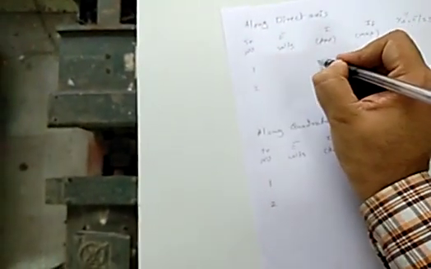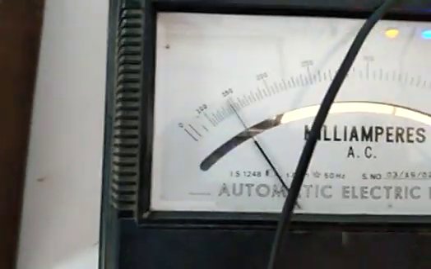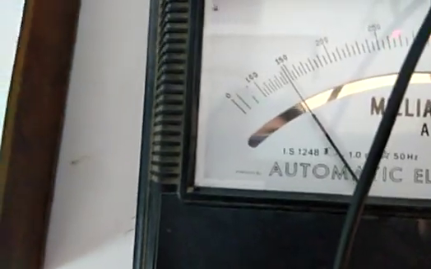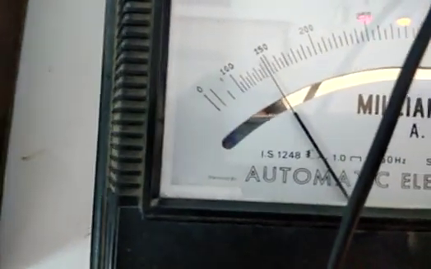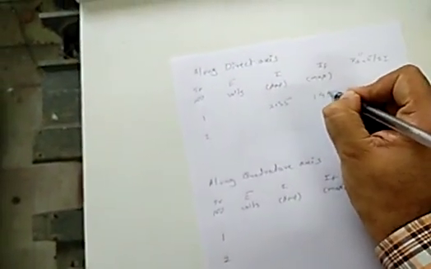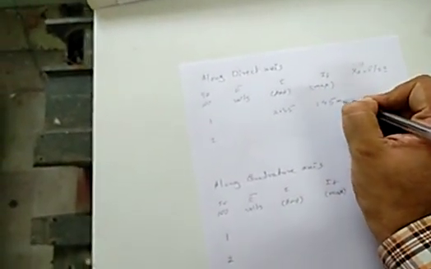Let us note it down. Then if you see the field current, that is 145 milliampere. So the field current is 145 milliampere. This is in milliampere, that you have to remember.